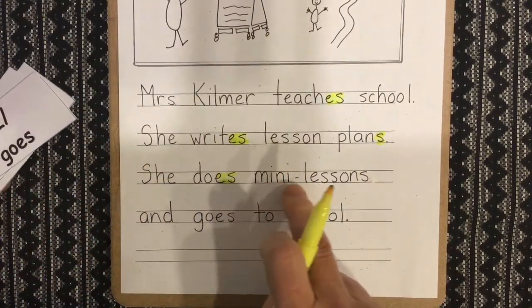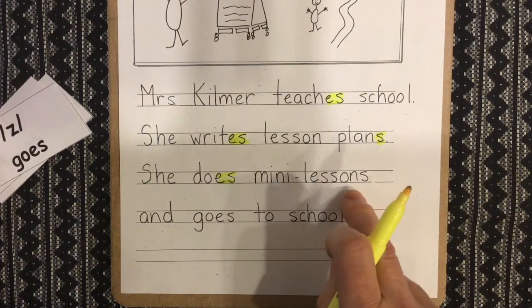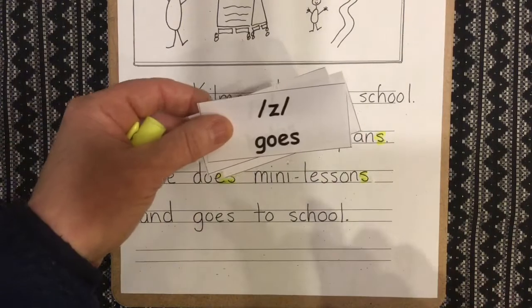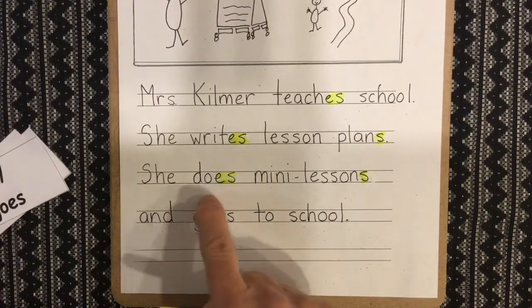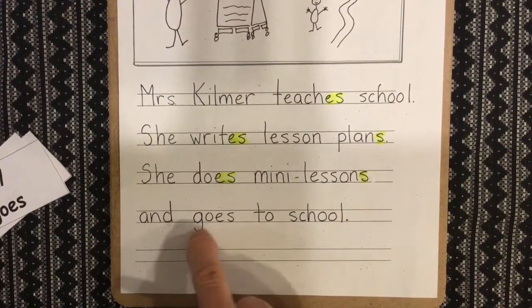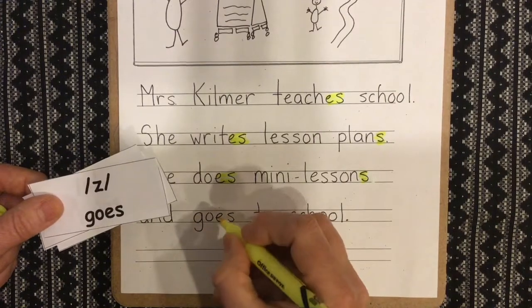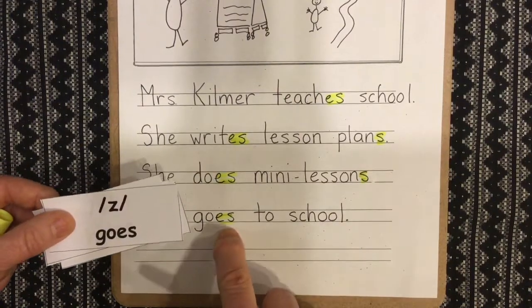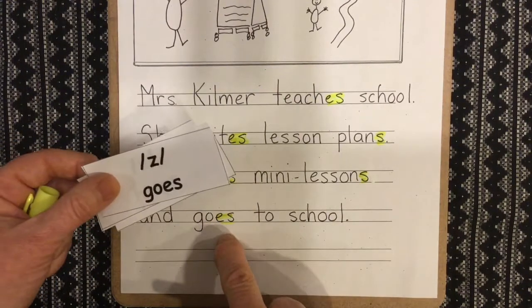She does mini lessons. Oh, there's an s making the z sound. She does mini lessons and goes, oh, there's es, es making the z sound, and goes to school.